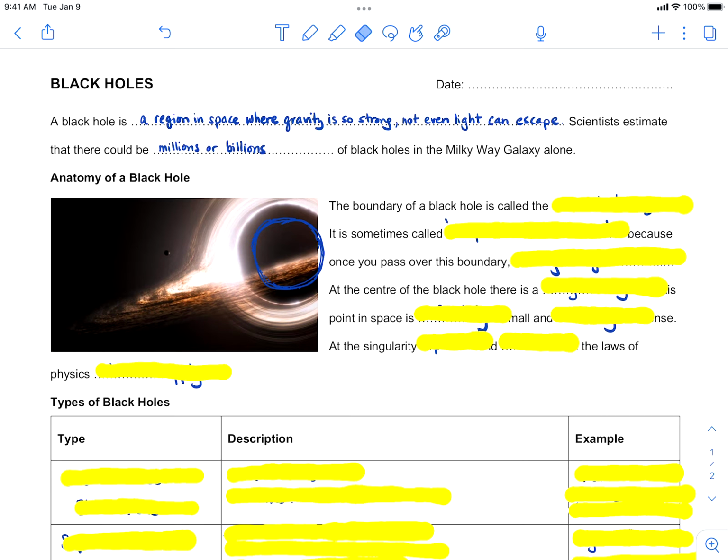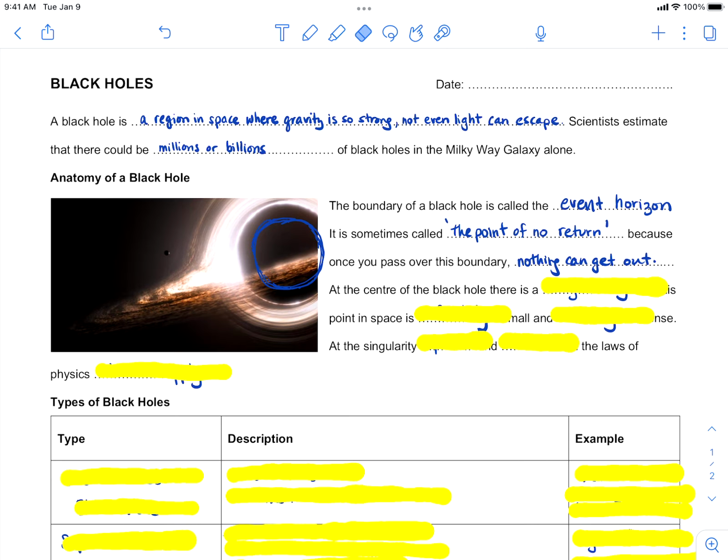Let's talk about the anatomy of a black hole. There's this boundary around a black hole. We call that the event horizon. Okay? The event horizon is sometimes called the point of no return, because once you pass over this boundary, nothing can escape.